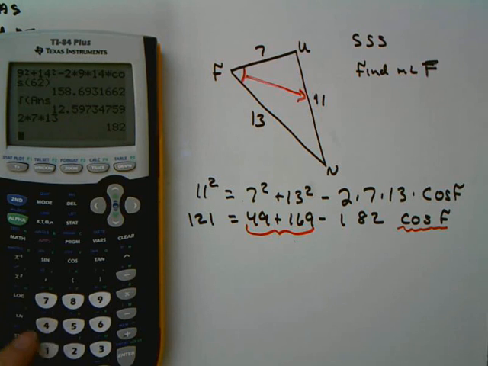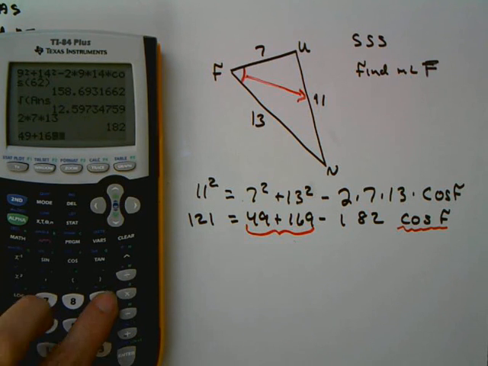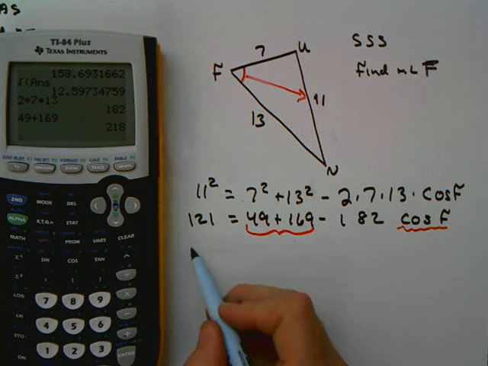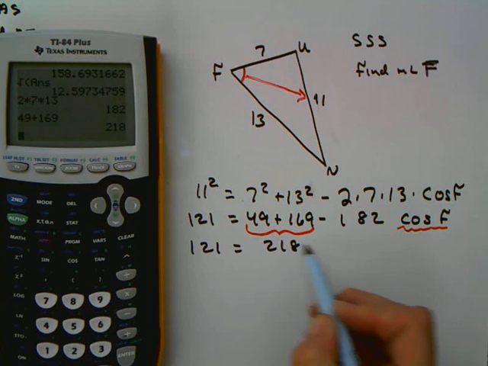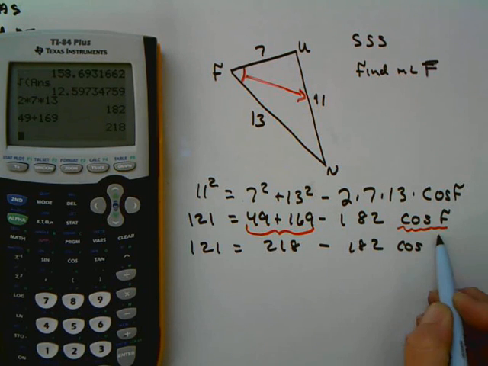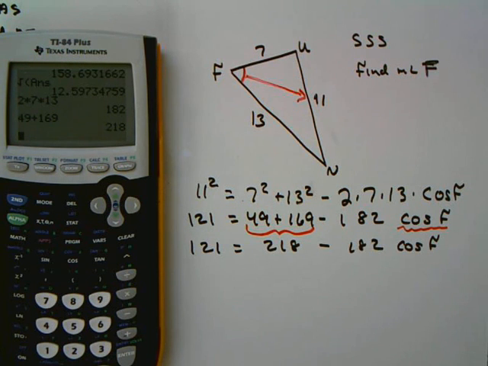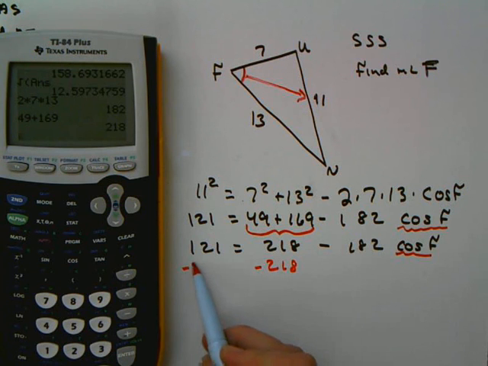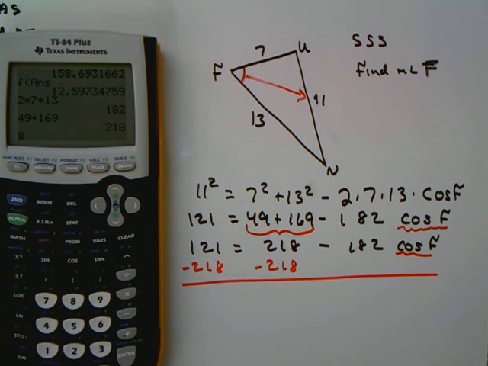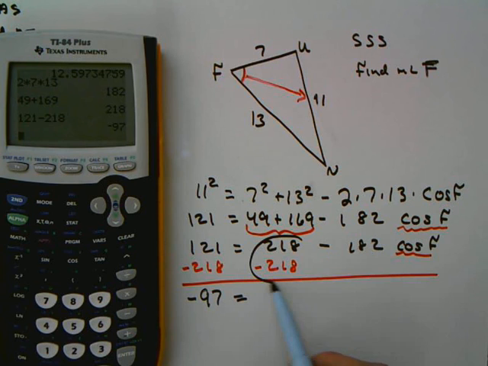Next step, add these, 49 plus 169. Notice nothing else changed. And we want this alone, so I'm going to take 218 away from both sides. And I've got 121 minus 218. This will always be negative at this point.